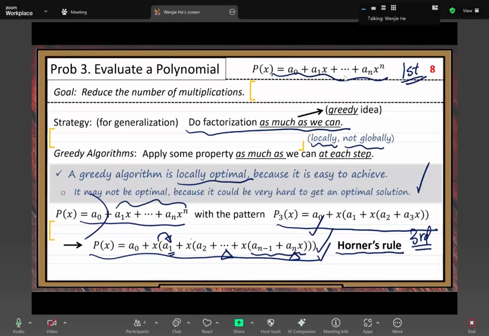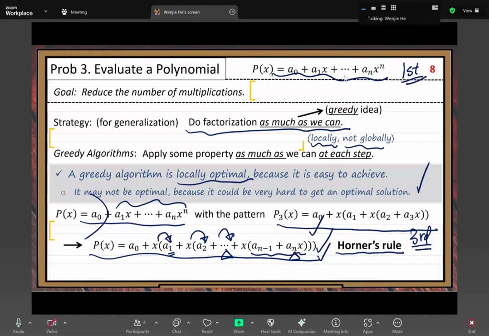Second multiplication, we associate with the next subscript, A2, the subscript of coefficient 2. The next one, each one we associate with the subscript of its right adjacent coefficient.